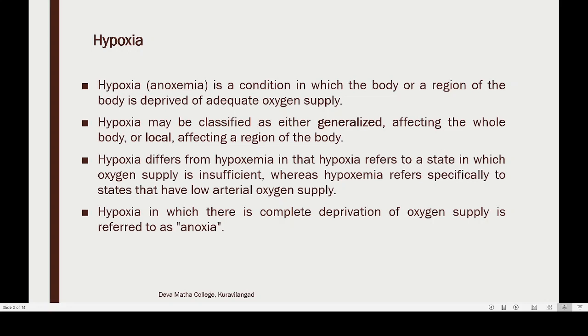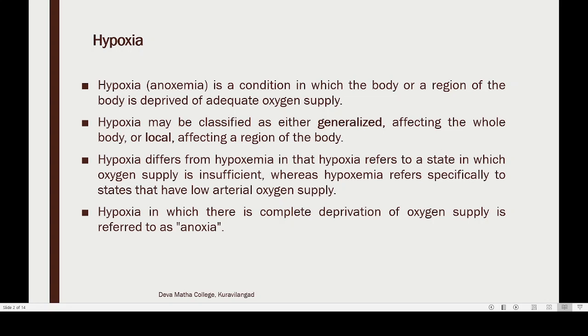Sufficient blood means oxygen may also not be obtained. So if a certain part of the body is not getting enough oxygen, that situation is known as hypoxia. Hypo means low, so hypoxia simply means a part or region of the body is not getting a sufficient amount of oxygen.